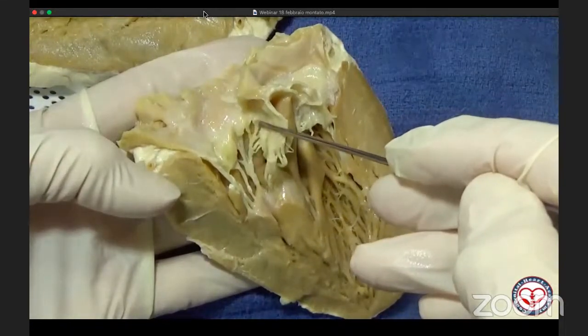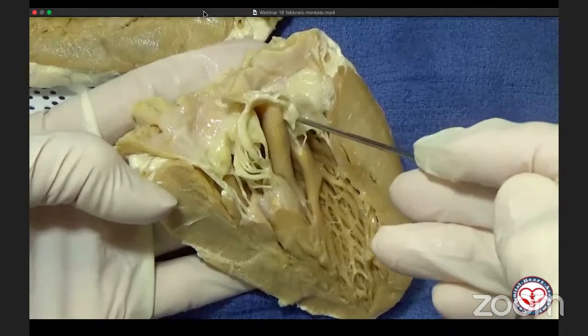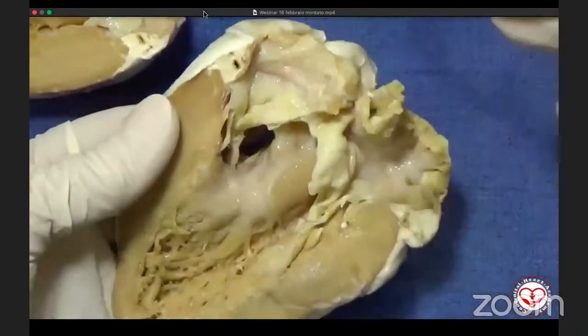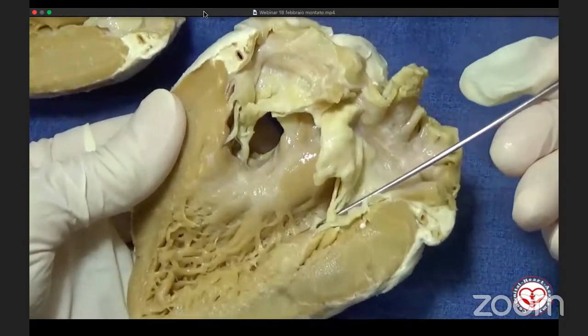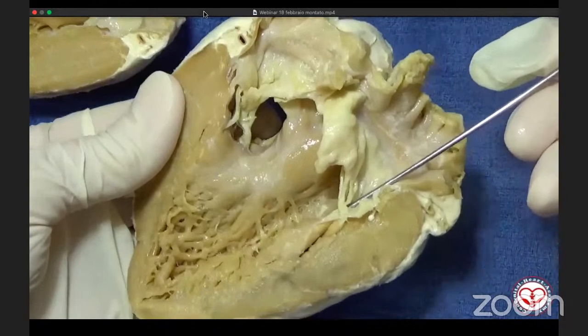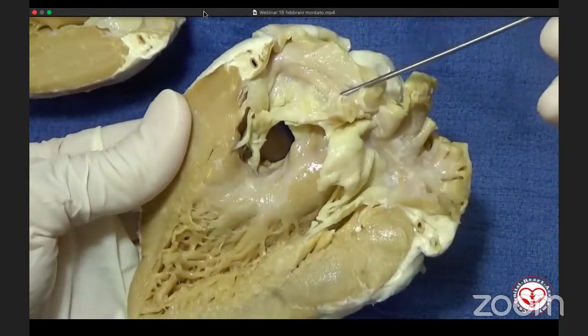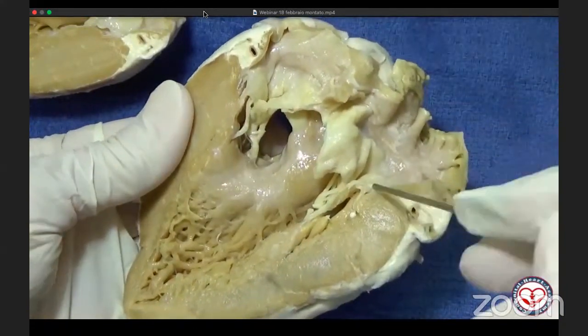So here is the right atrioventricular valve, and here is the left atrioventricular valve. If we look at the opposite aspect of the specimen, again, the morphologically right atrium is connected to this dominant left ventricle through the right atrioventricular valve, and the morphologically left atrium is also connected to this dominant left ventricle.